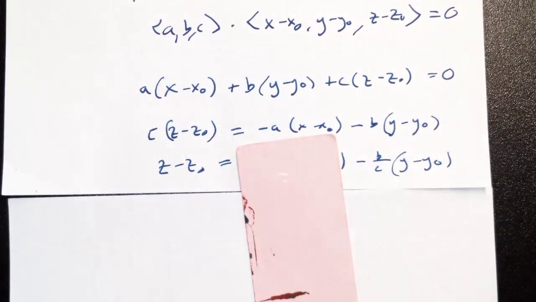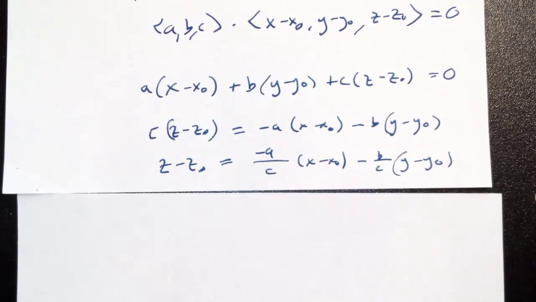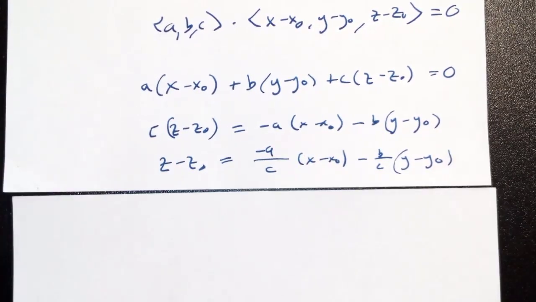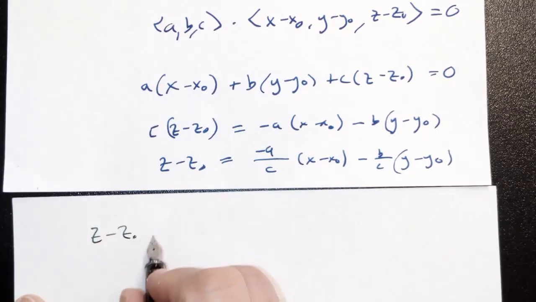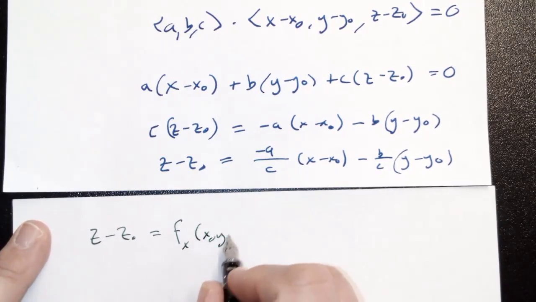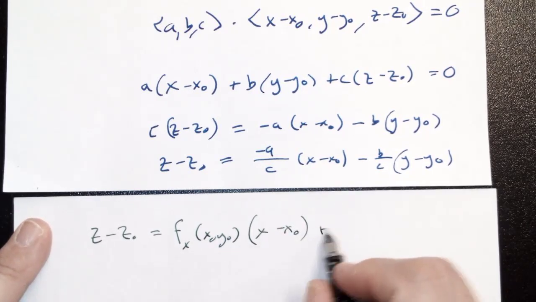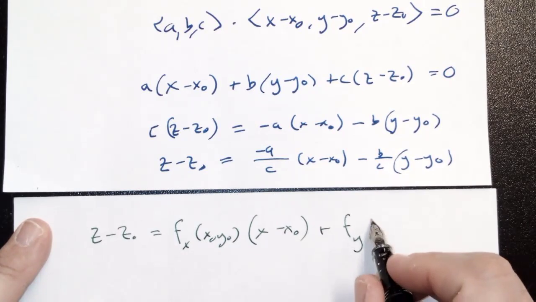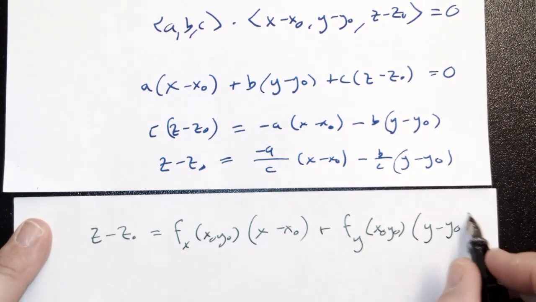These numbers should be my partial derivatives. Holy crap, that means I can do this equation directly from the partial derivatives. Z minus Z0 equals the partial with respect to x at the point times x minus x0 plus partial with respect to y at the point times y minus y0.